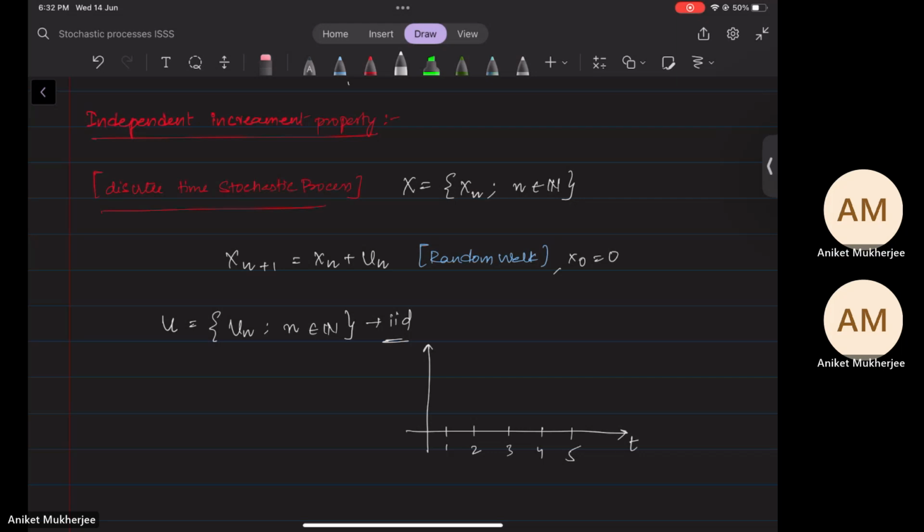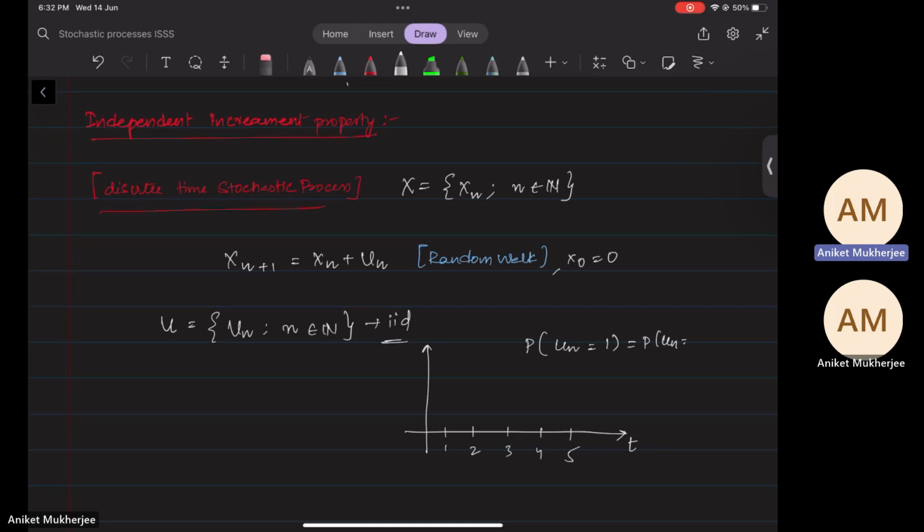One example is if I say U_n is distributed such that U_n can take two values: the probability of U_n equal to 1 equals the probability of U_n equal to -1, equal to 0.1. So basically U_n can take 1 and -1 as the two values, each with some probability.